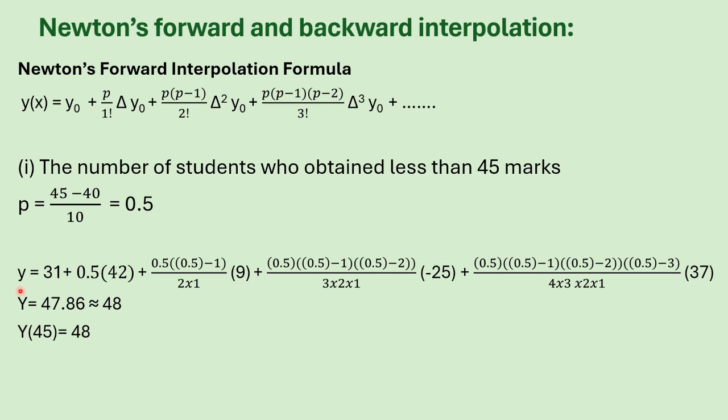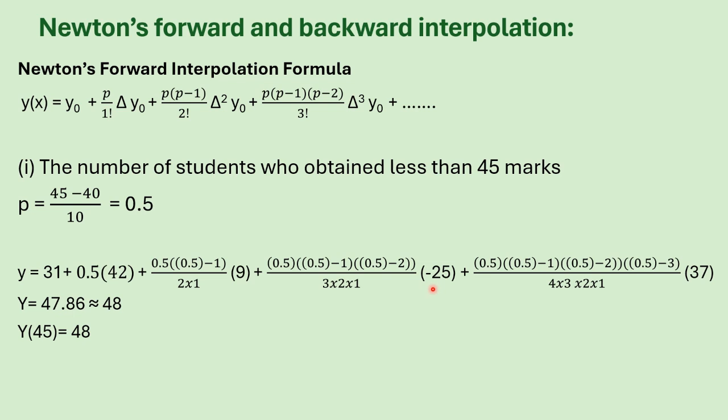So y is equal to y naught, which is 31, plus p, which is 0.5, into delta, which is 42, plus 0.5 into 0.5 minus 1 by factorial 2. Factorial 2 is 2 into 1, and delta square is 9, plus p into p minus 1 into p minus 2 divided by factorial 3, and here delta cube is minus 25.